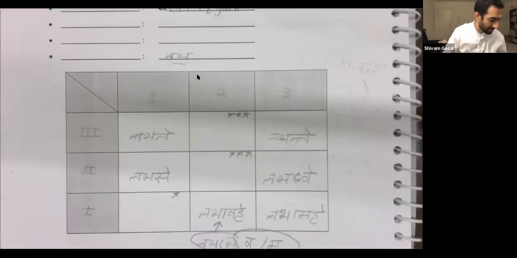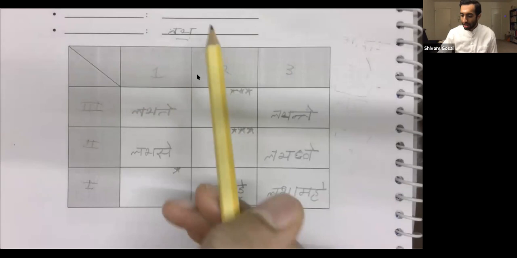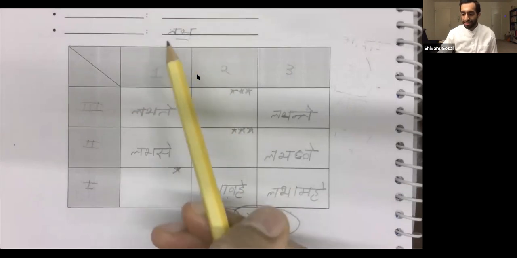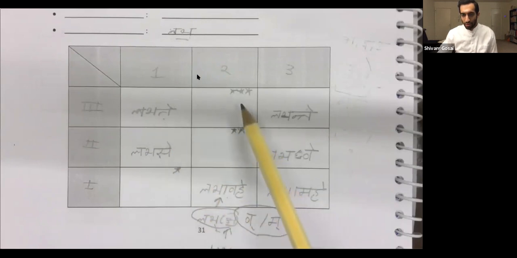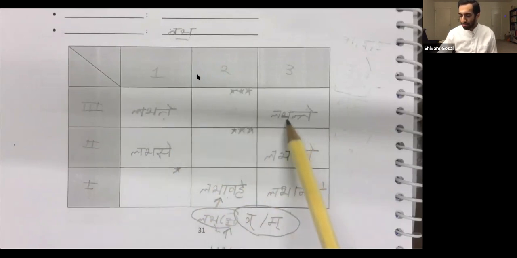Okay, I can adjust. Last time we were talking about: if I have labha as my anga and I want to add the suffix te, I just add it. Labhate. We're going to cover this today, but labha plus ante becomes labhante.